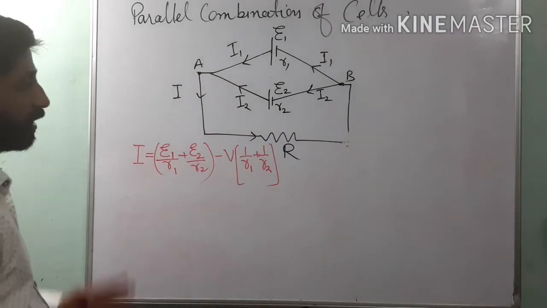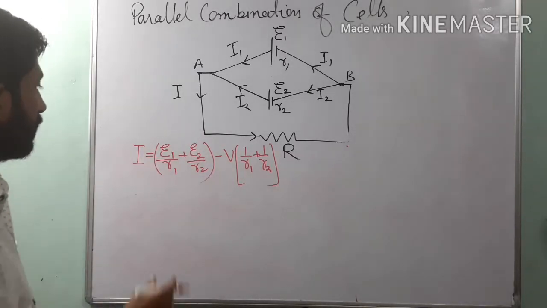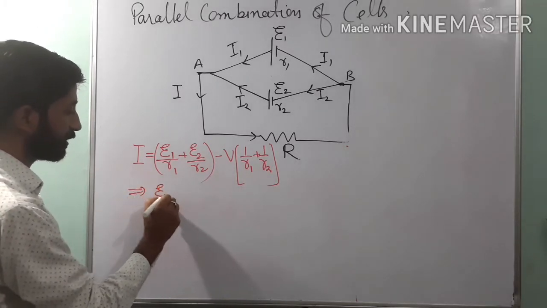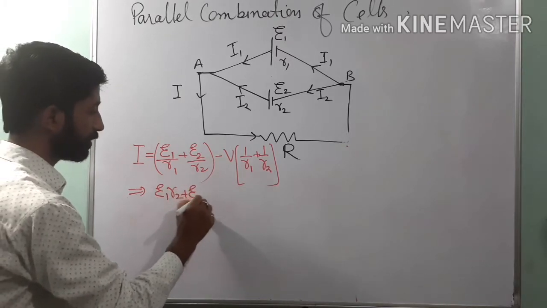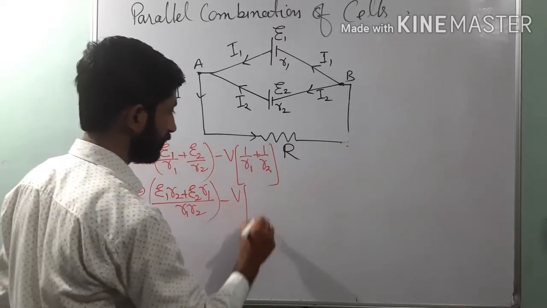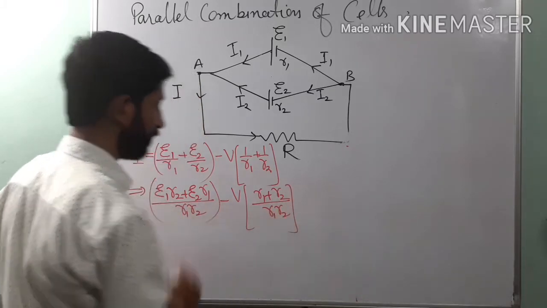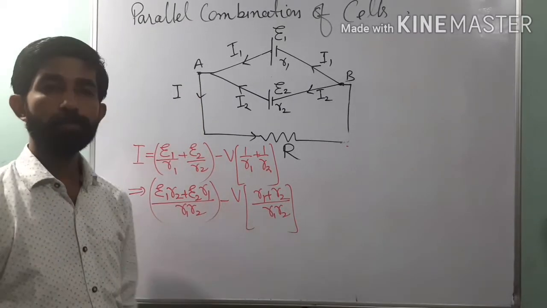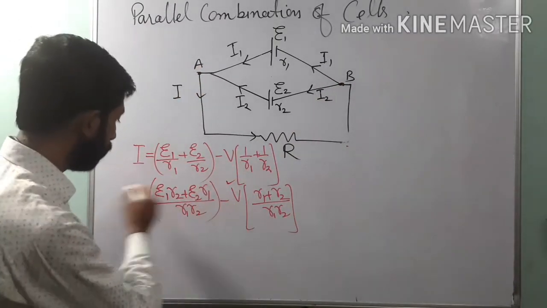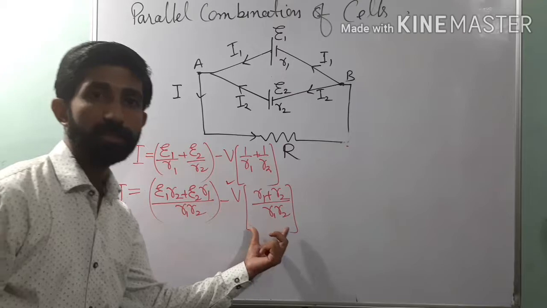Okay, so this is what we got after solving or mixing the two currents I1 I2, and this is the effective current. So now let's do one step ahead, that is (E1 R2 + E2 R1)/(R1 R2) minus V(R1 + R2)/(R1 R2). We want the terminal potential of this cell combination, that is V. So we shall divide the whole equation, this complete equation, by the term inside this square bracket.